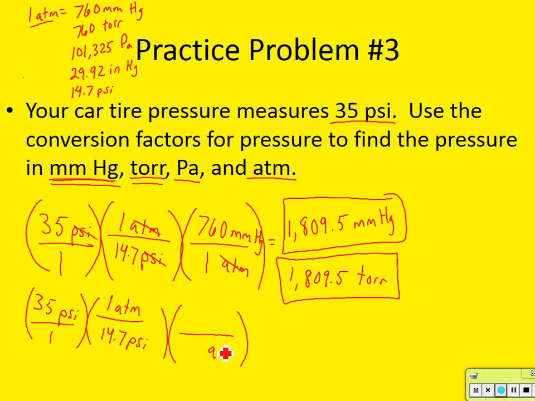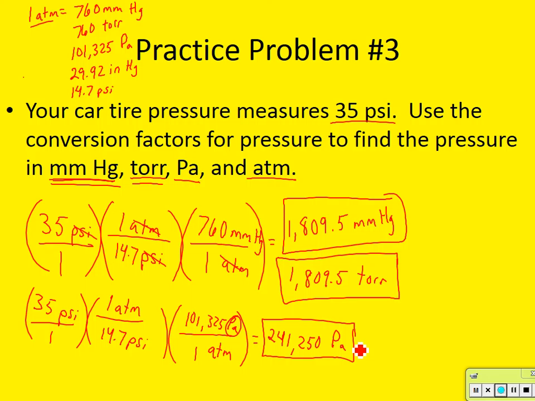Atmosphere is on top, so it's got to come on bottom. So 35 times 101,325. Are you guys getting 241,000? What are my units again? Pascals. Pascal is very small, so that makes sense. 241,000 is a large number.